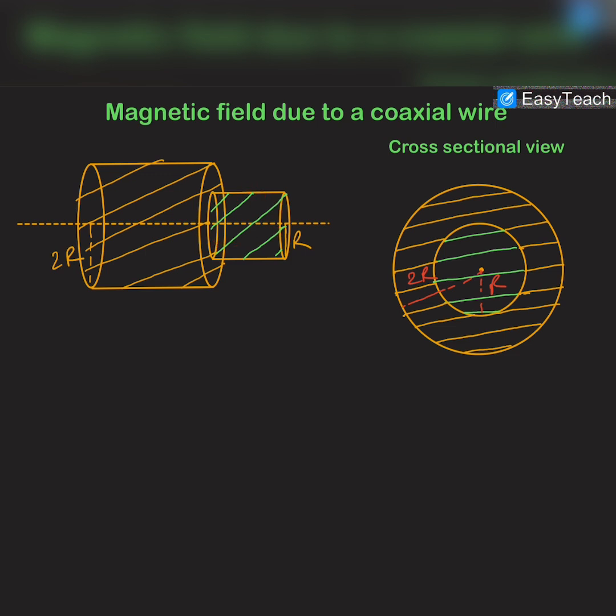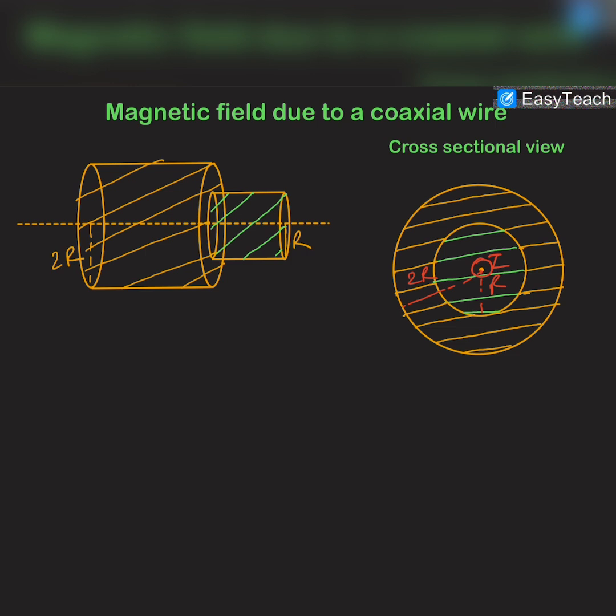Let us suppose that this is the inner cylinder and this is the cross-sectional view of these cylinders. The inner cylinder is carrying a current of I, and this region, shaded with the green line, is carrying a current I in the outward direction.